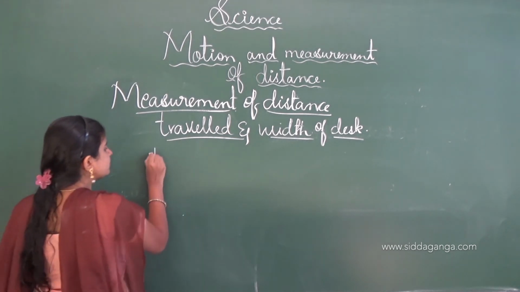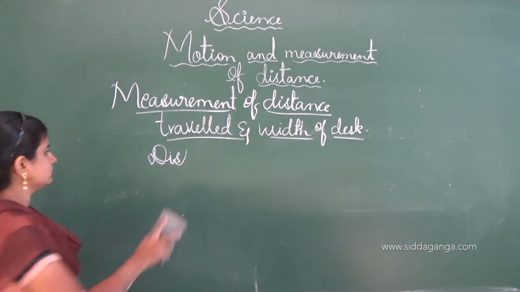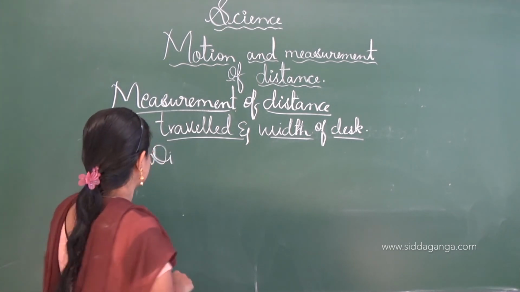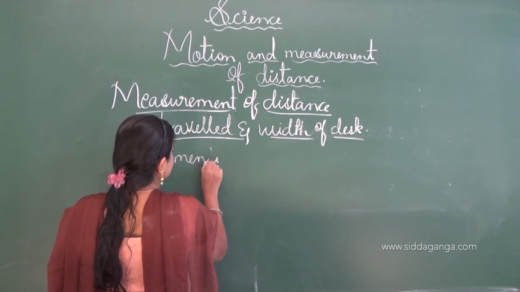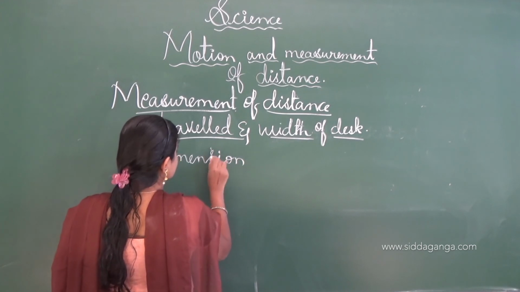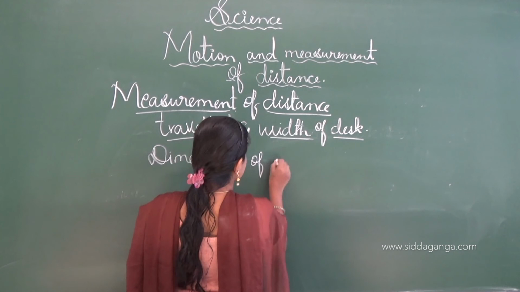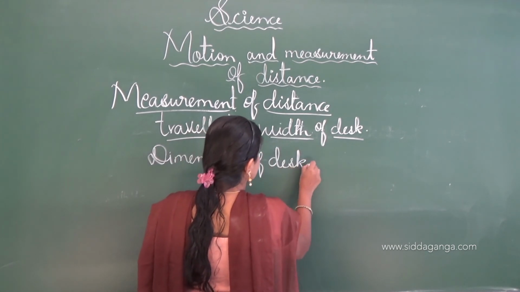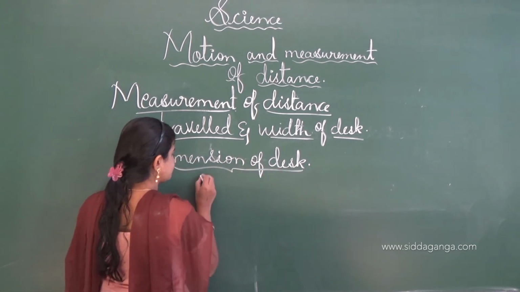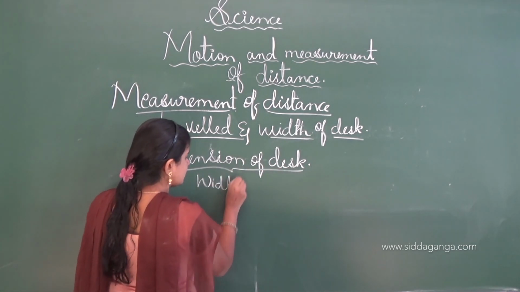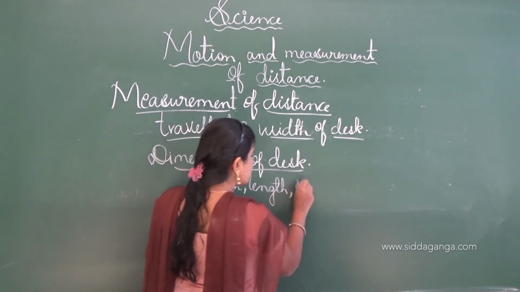See, the dimension of the desk can be found by measuring the width, length and also the breadth.